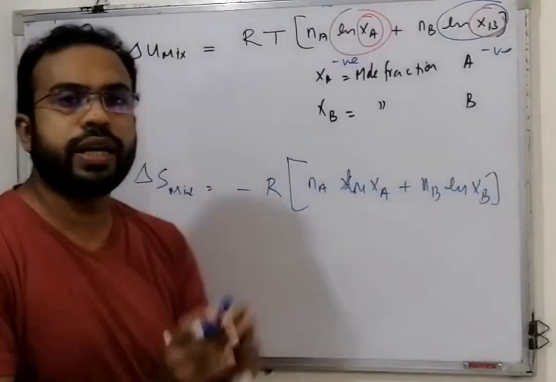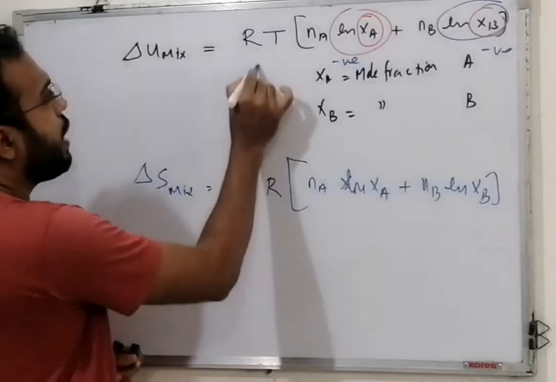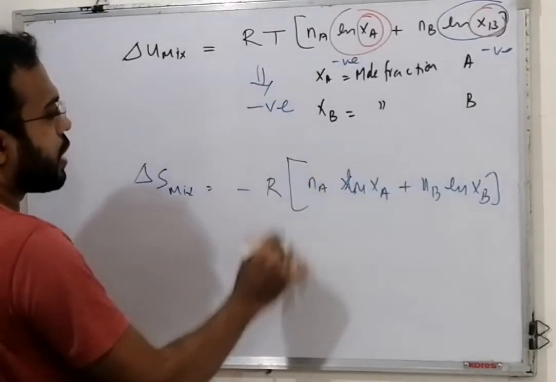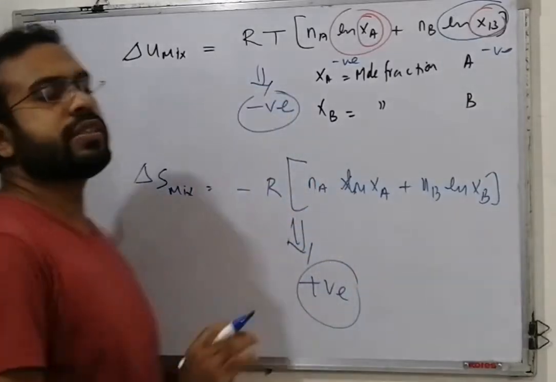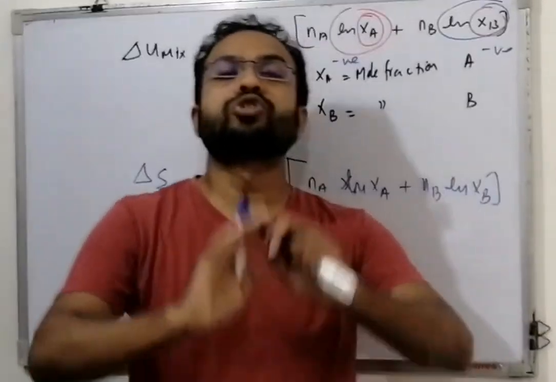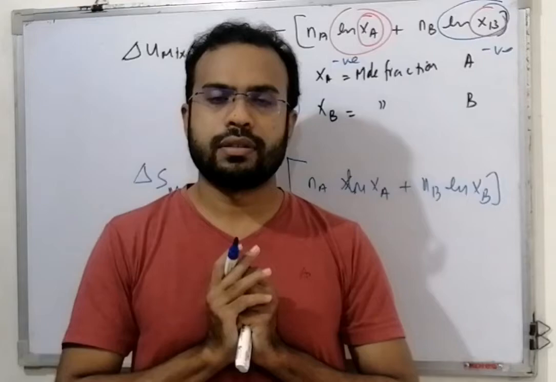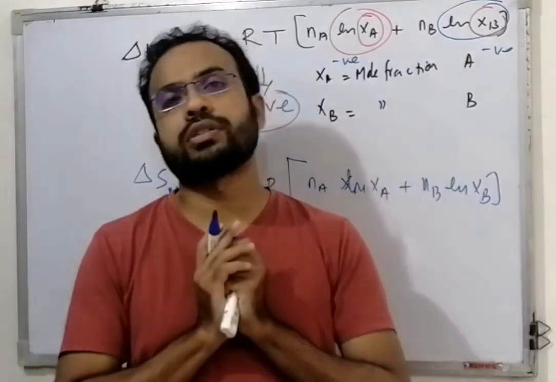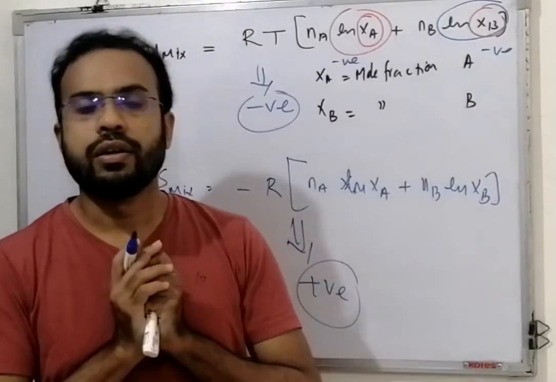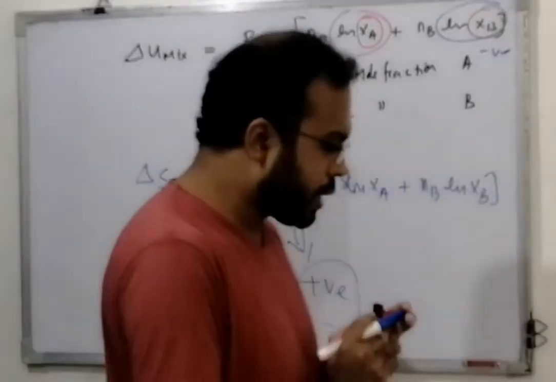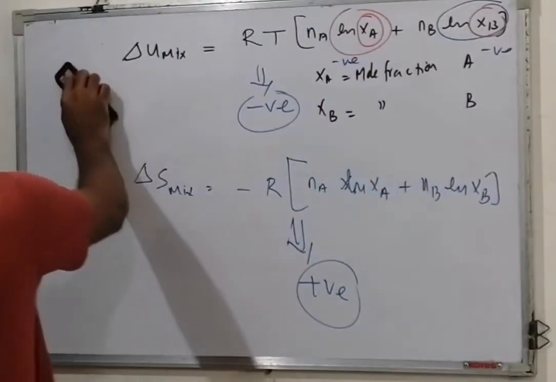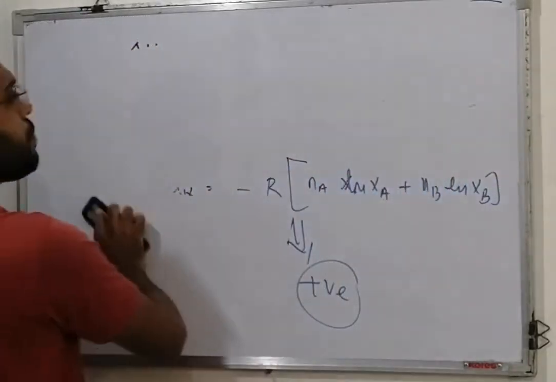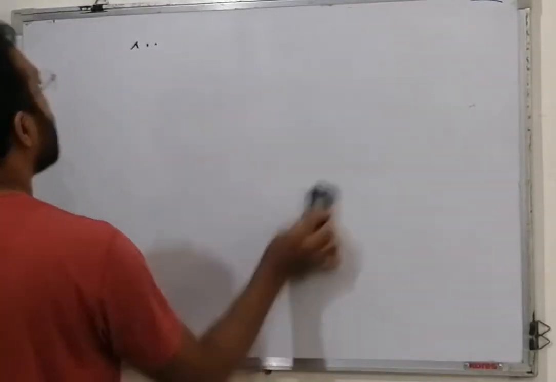During the mixing, free energy will decrease. Therefore, free energy decrease, entropy increase, that's a spontaneous process. Fine? Okay. Now, let us see some previous questions. If you can remember this equation, that will be very simple.